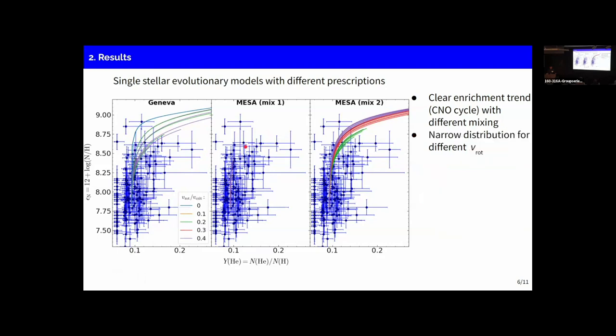So we see something very interesting: the distribution is very narrow. It's not so dependent on the projected rotation. Well, in that case, they are theoretical predictions on the rotational velocity. And also, we can see that in all cases, nitrogen enrichment is much faster than helium enrichment, which means that single evolutionary models do not predict helium on the surface without previous nitrogen enrichment.